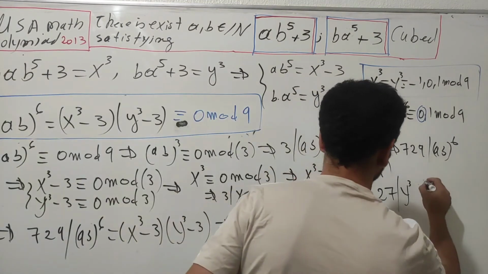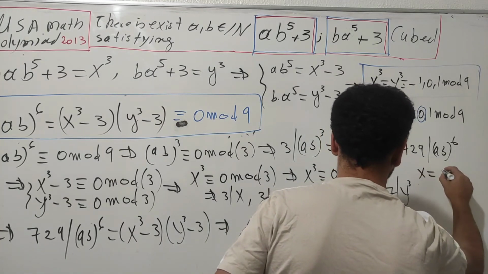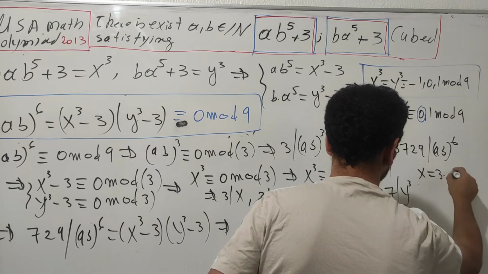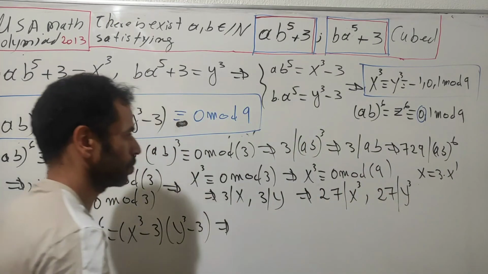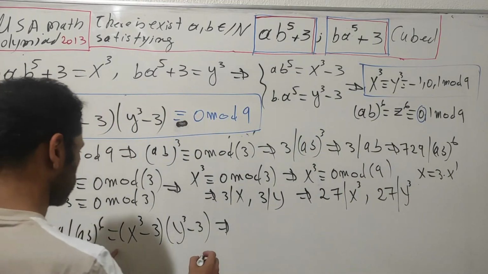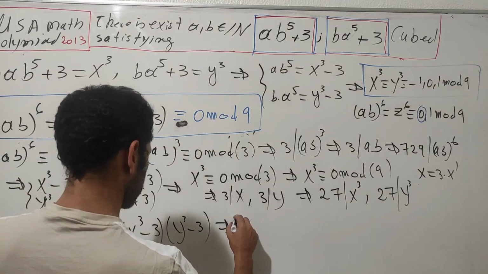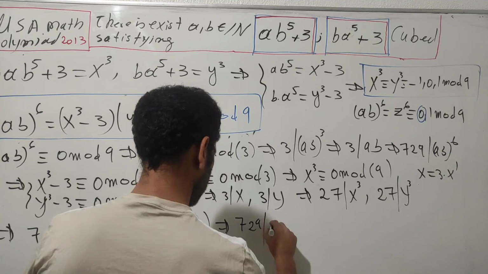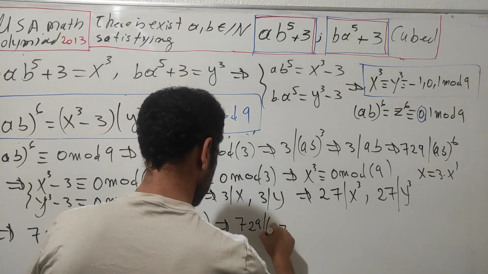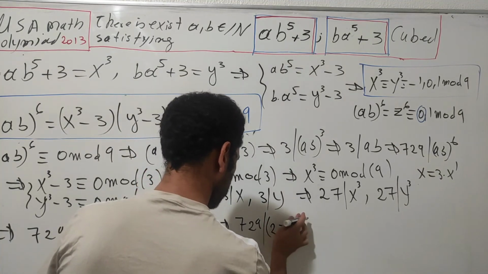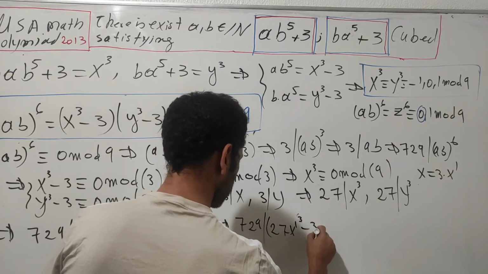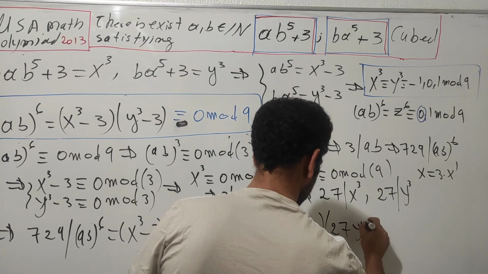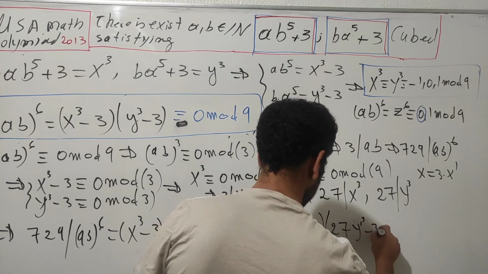So let's write x equals 3 multiplied by x prime, because it's a multiple. So we get here 729 divides, I get here 27 x prime cubed minus 3 times 27 y prime cubed minus 3.